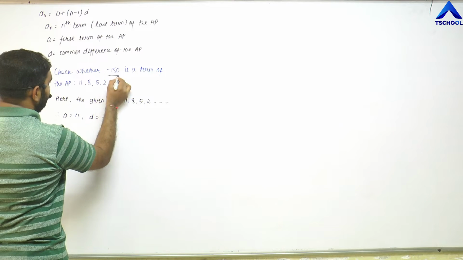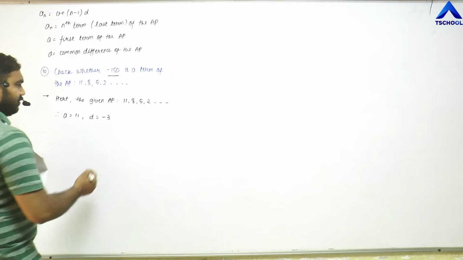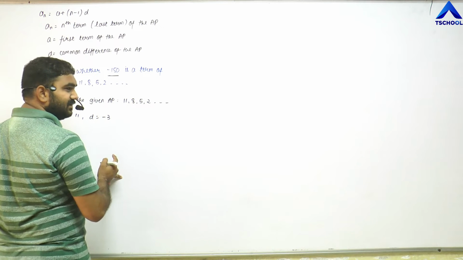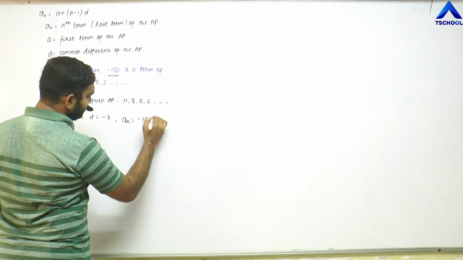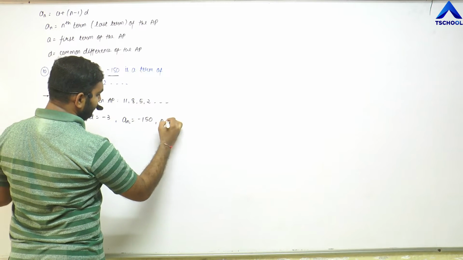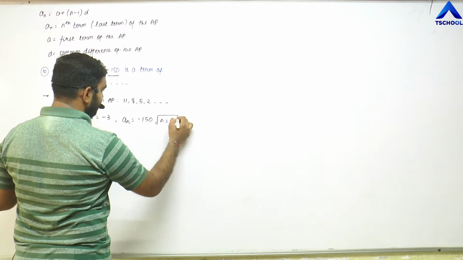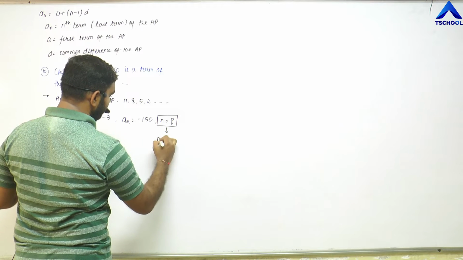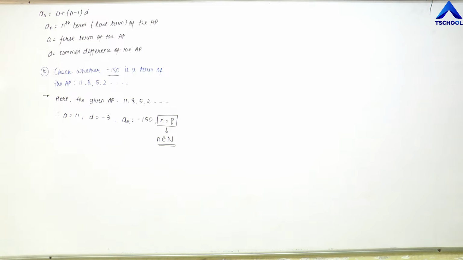And we need to check whether minus 150 lies in this AP or not, for which we shall take an equals minus 150 and find the value of n. Again, the value of n must be a natural number.